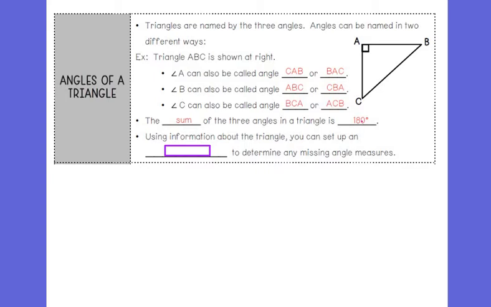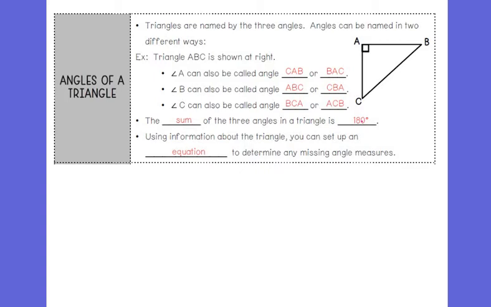It says using this information about triangles, you can set up equations to determine any missing angle measures, just like we did with angles. We can use equations to help problem solve. Okay, that's the uniqueness about their angles.